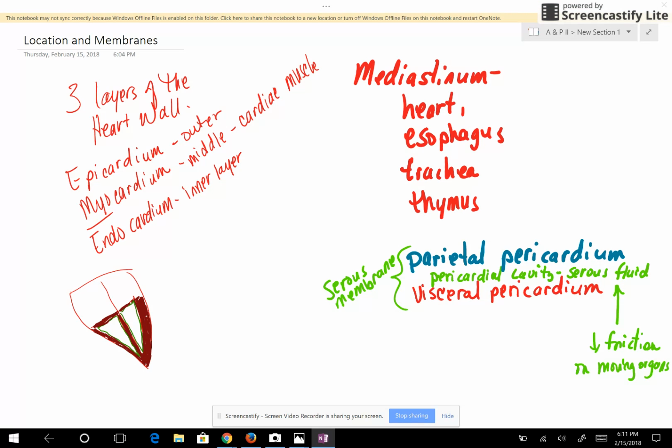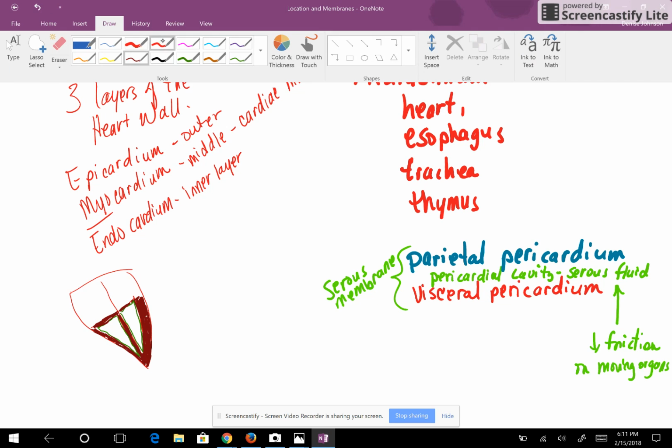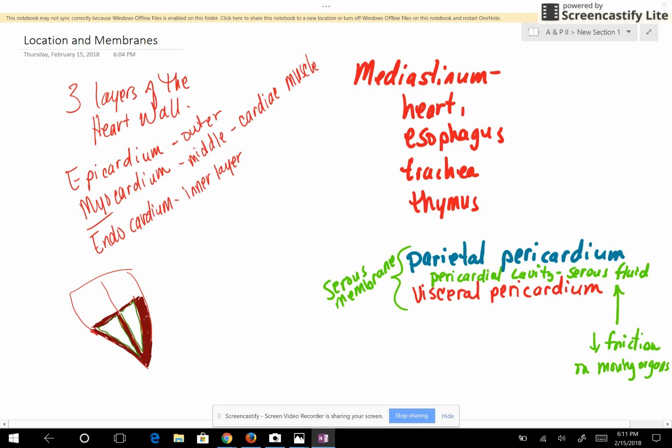Okay, so then you have the red that's on the outside here. The red that is located right out here, that is the epicardium. And like I said, it's also known as the visceral pericardium. So those are the three layers of the heart wall.